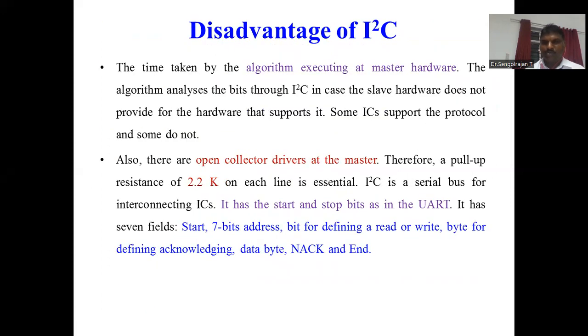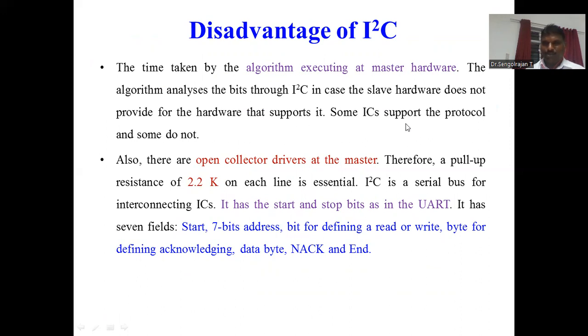Though in I2C the master is able to transfer to 127 slave devices, and there are advantages, there are also some disadvantages to take into consideration. One is the time taken by the algorithm executing at the master hardware, which is more. The algorithm analyzes the bits through I2C in case the slave hardware does not provide hardware that supports it.